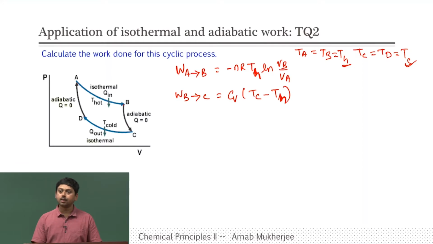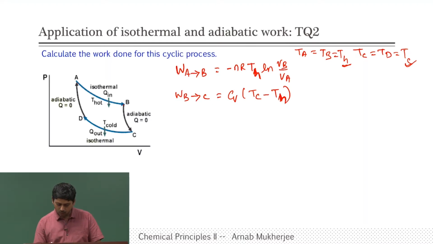Okay. And I will also explain what is hot reservoir and cold reservoir. Hot reservoir is something where the reservoir is supplying you energy, it is kept at high temperature. A cold reservoir is where a reservoir is colder than the system, which will take out the heat from that. That is the definition. And reservoir is, as I told you, a very big system, therefore, its temperature is not going to change if you give in a little bit of heat or take out a little bit of heat.